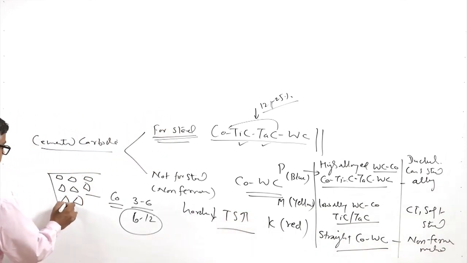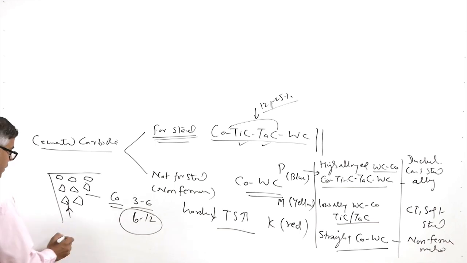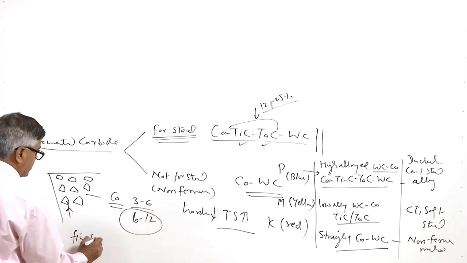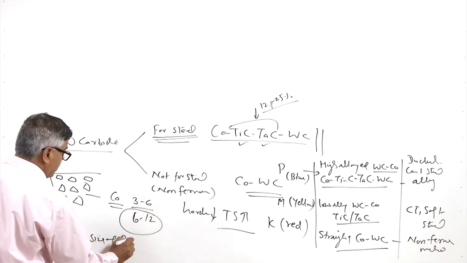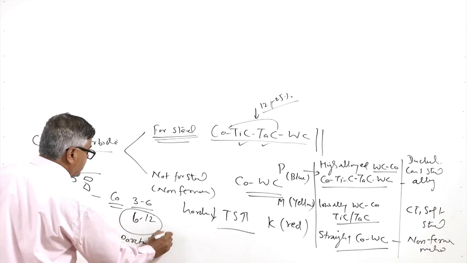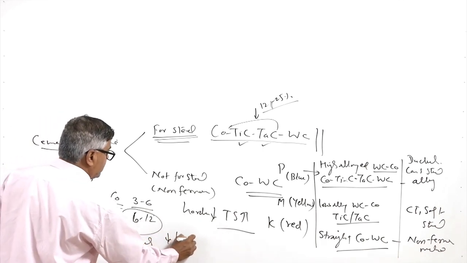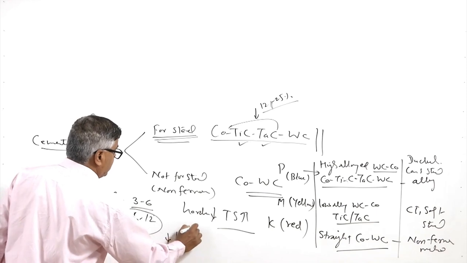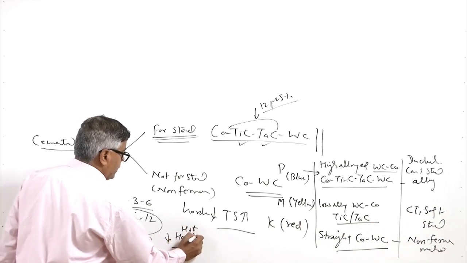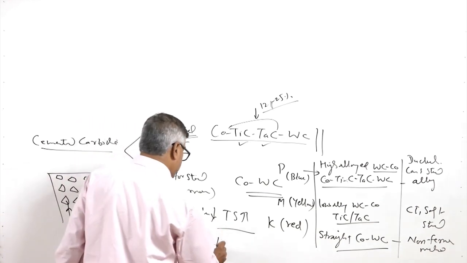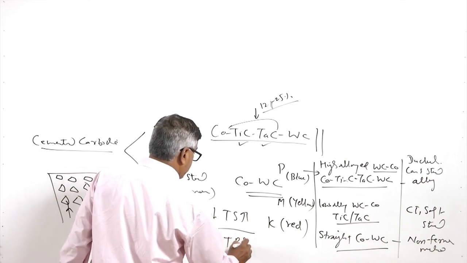But the size of these particles also is important. The fine size of the carbide particles reduces the hardness but increases the transverse rupture strength.